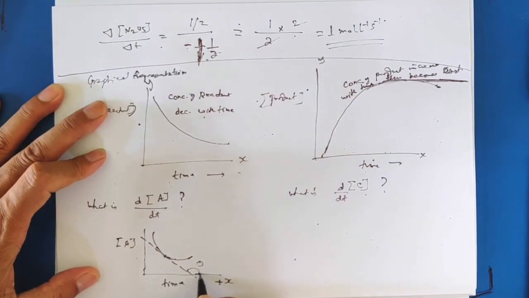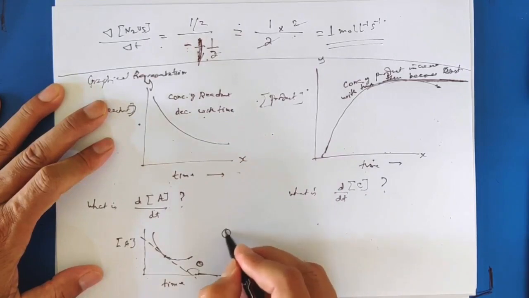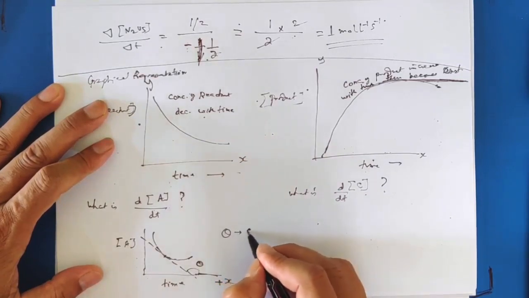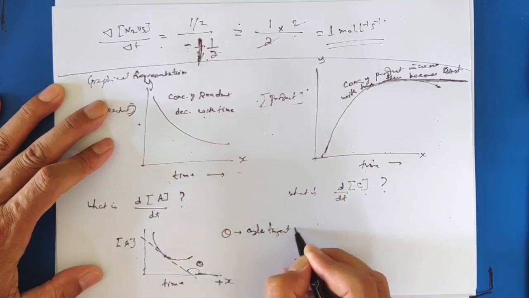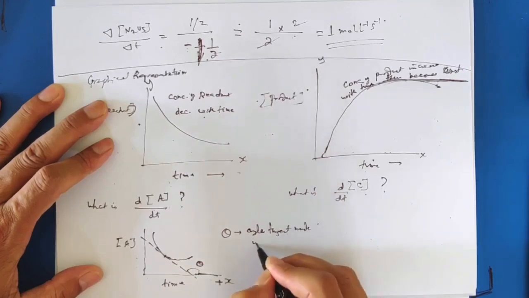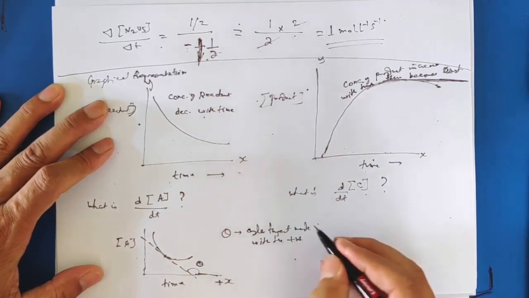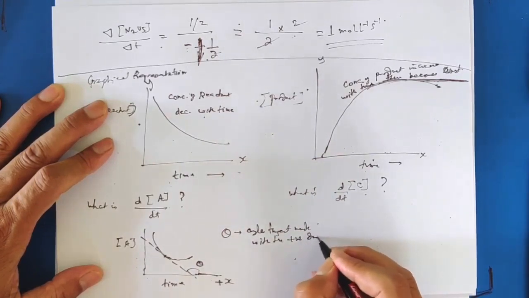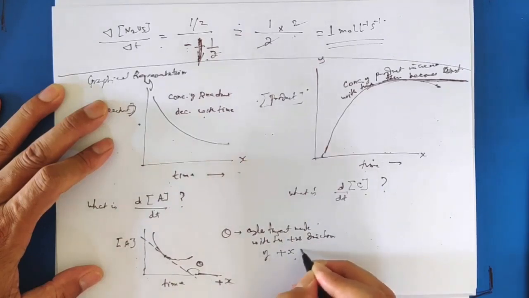What is theta? Theta is the angle the tangent made with the positive direction of x-axis.